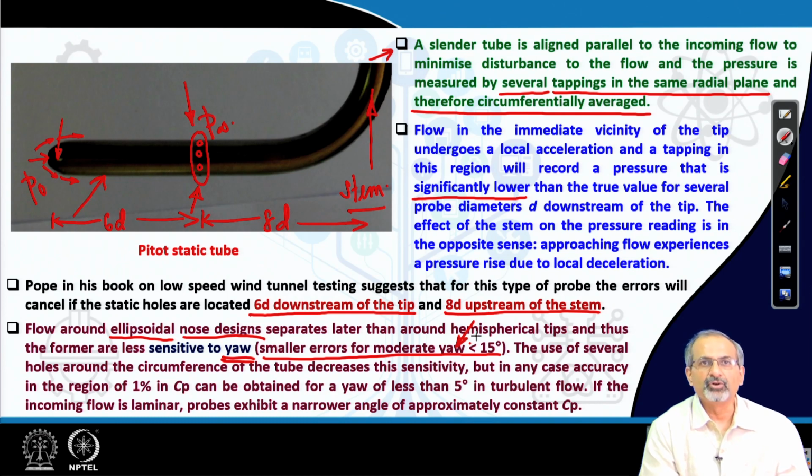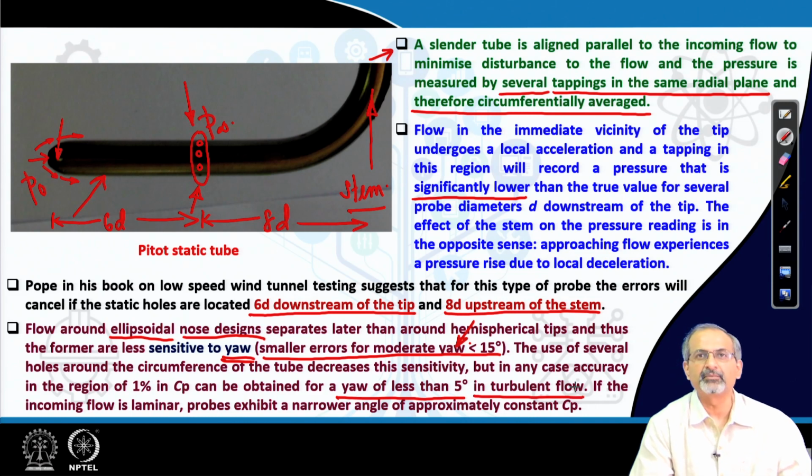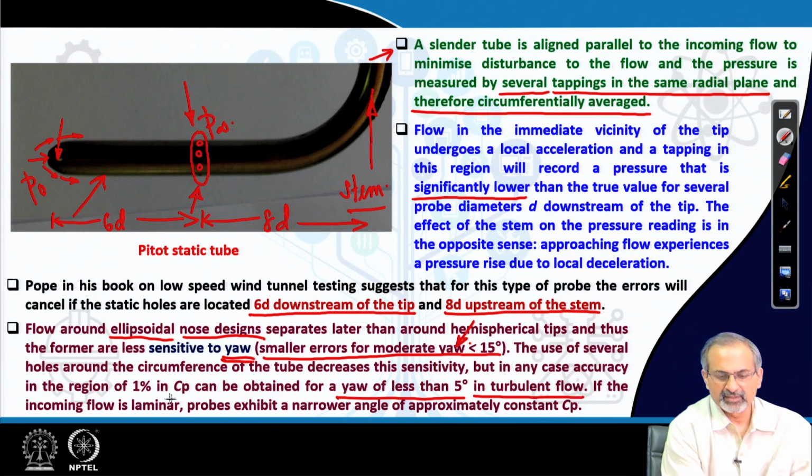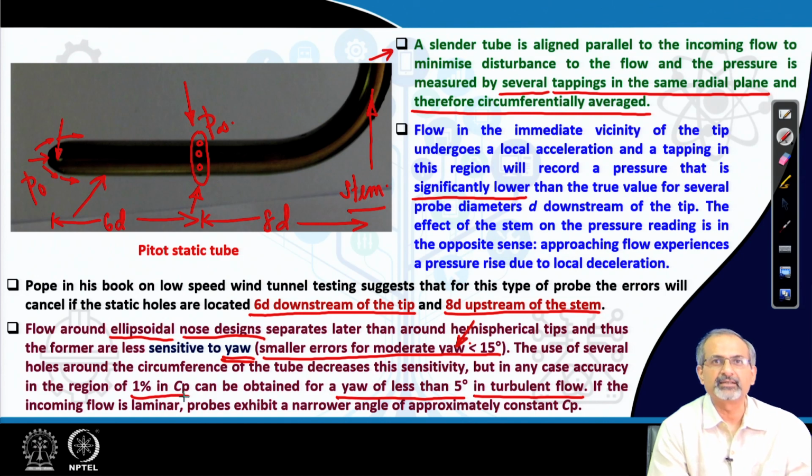Depending on the yaw angle, there could be some error. As long as the yaw angle is less than 5 degrees with respect to the incoming flow, and if the incoming flow is turbulent, then the error in the Cp that is measured is about 1%.